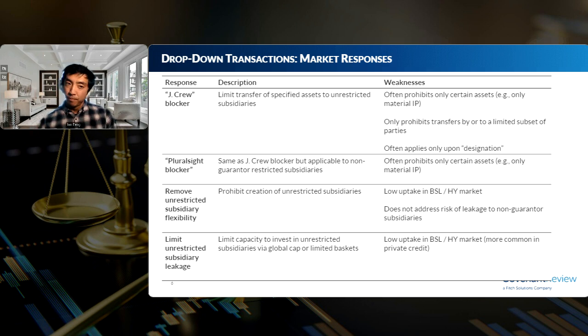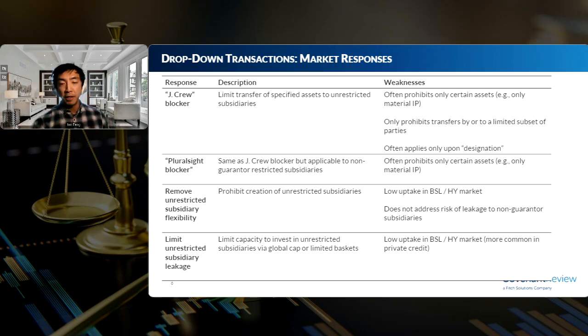That's theoretically possible, although probably not very practical, especially in the fast-moving process of marketing and syndication of both term loans and bonds. The more simple approach would be to impose a global cap. And so a global cap functions as a total limitation on the amount of value that might leak into an unrestricted subsidiary or even a non-guarantor restricted subsidiary.